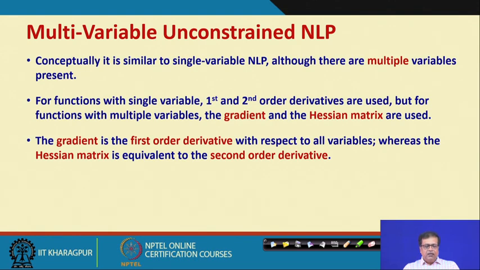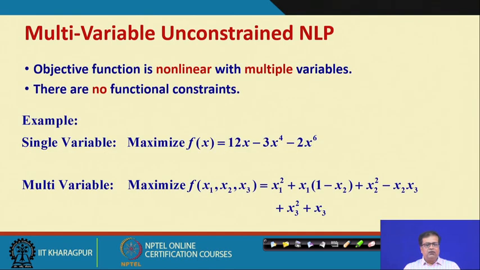And again, the equivalent of putting the gradient equal to 0, and whether the Hessian matrix is negative or positive, should be established also. So, those are the challenges that will be there for the multivariable unconstrained problems. Now, let us see how exactly they are.